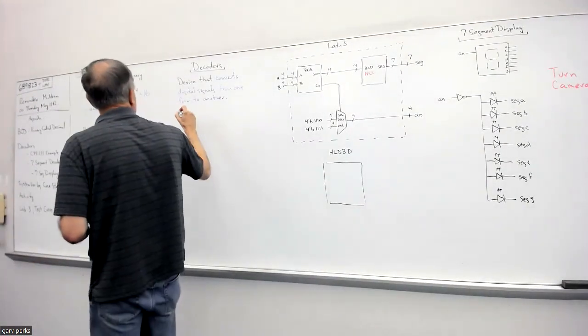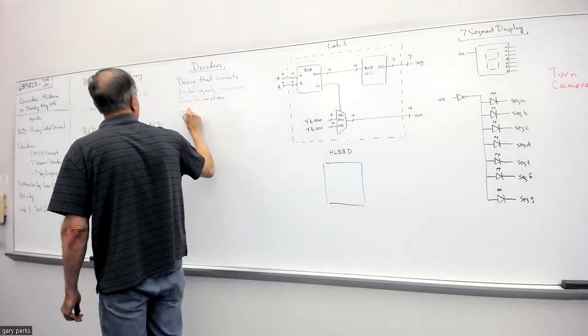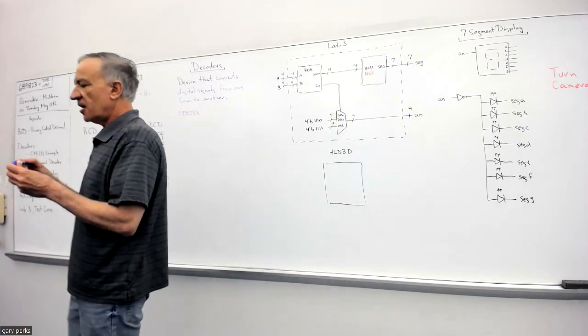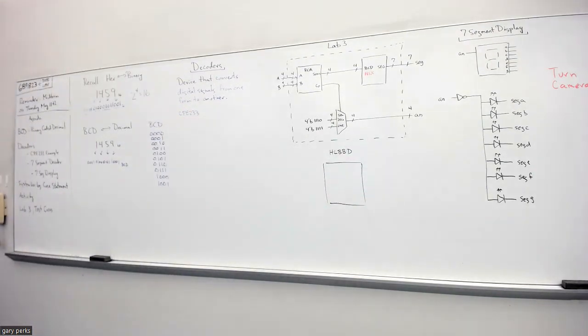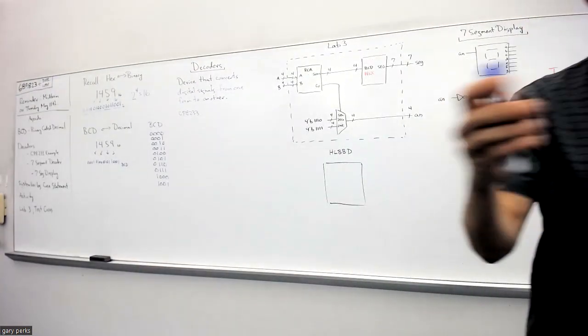One example, there are many, but one example is in CPE133, the follow-on to this class, and this is the reason why I have a diagram of the microprocessor that you build in CPE133 on the table. If you look at this diagram and look up towards the upper right-hand corner, you'll see this box component labeled CU DCDR, and that stands for Control Unit Decoder.